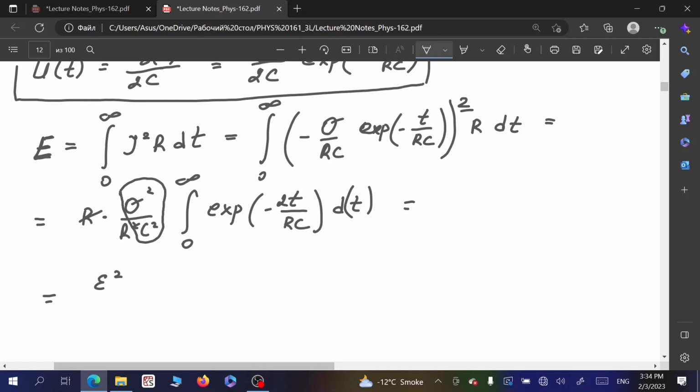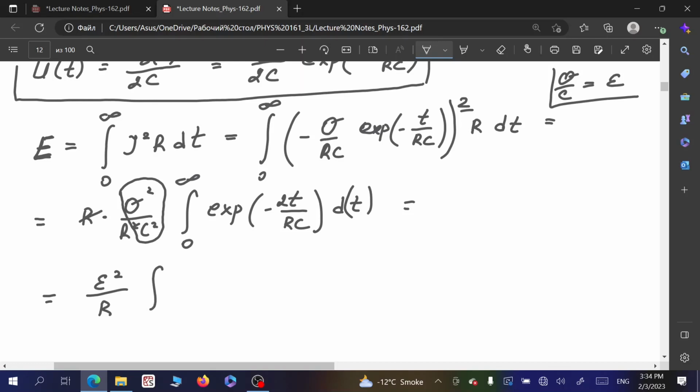So Q over C, that is electromotive force. That's the maximum potential difference at the plates of the capacitor. So keep that in mind. Then we have here resistor.